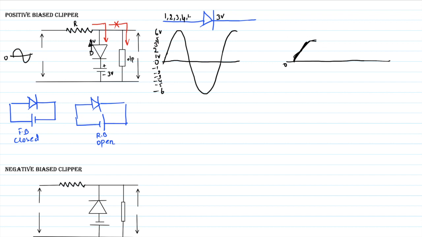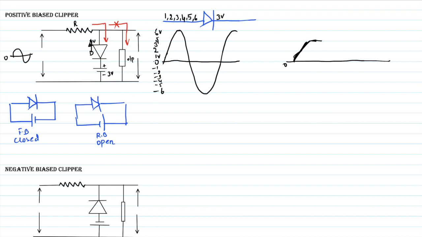Again 5. Same way, the anode is greater than the cathode. And for 6, again the anode is greater than the cathode, so the diode will become closed and the entire current will flow across it, and no current will flow across the output, so you will not get output. So for 4, 5, 6 till the peak voltage you will not get any output.